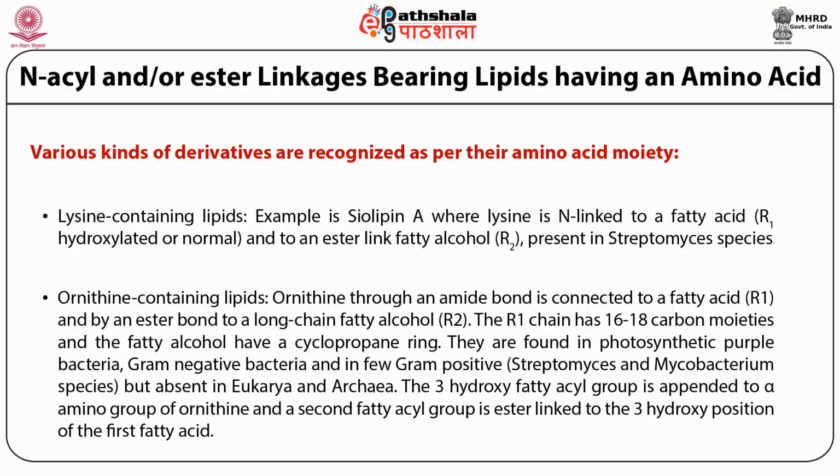But the ornithine containing lipids are absent in Eukarya and Archaea. The 3-hydroxy fatty acyl group is appended to an alpha amino group of ornithine, and a second fatty acyl group is ester linked to the 3-hydroxy position of the first fatty acid.